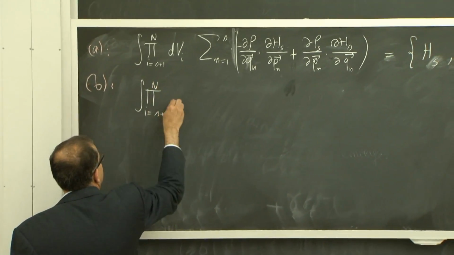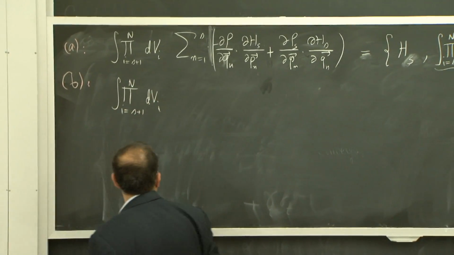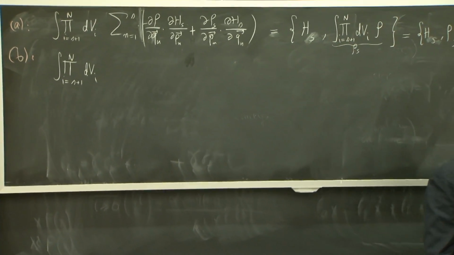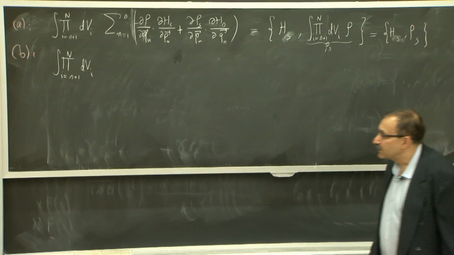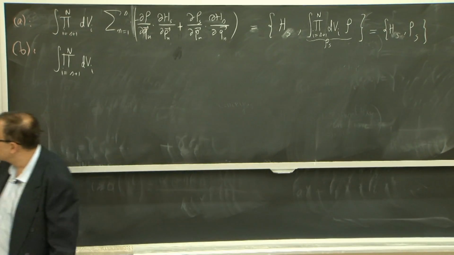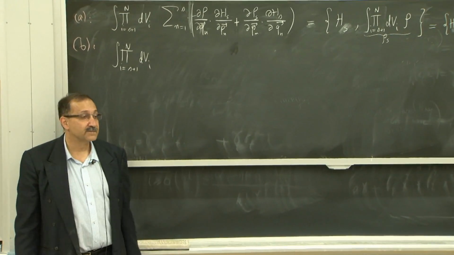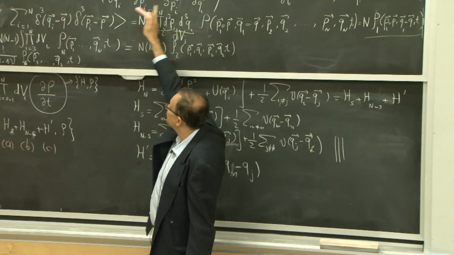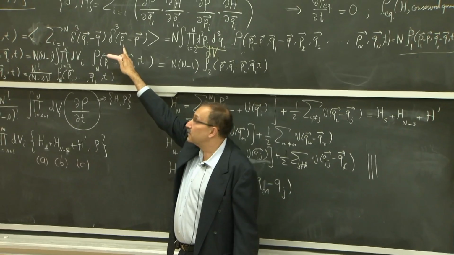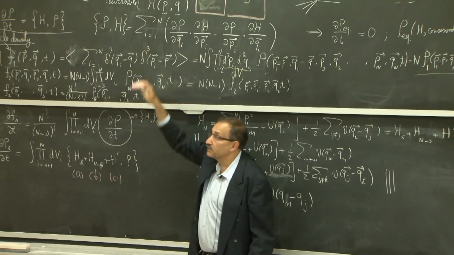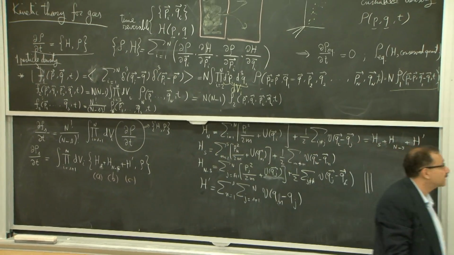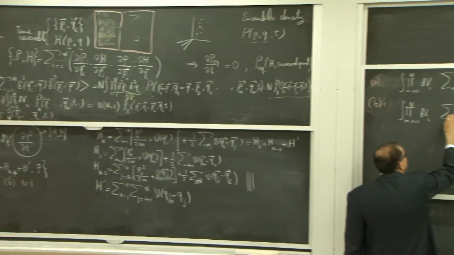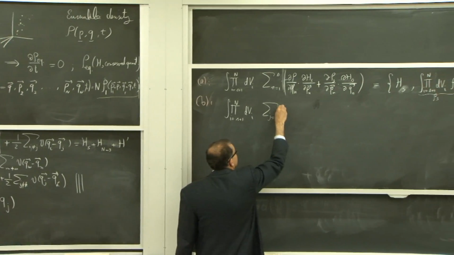So for the second term, I need to calculate a similar Poisson bracket, except that this second Poisson bracket involves h of n minus s. And h of n minus s, when I put in the full sum, will only get contribution from terms that start from s plus 1. So the same way that that started from n, this contribution starts from s plus 1 to n.